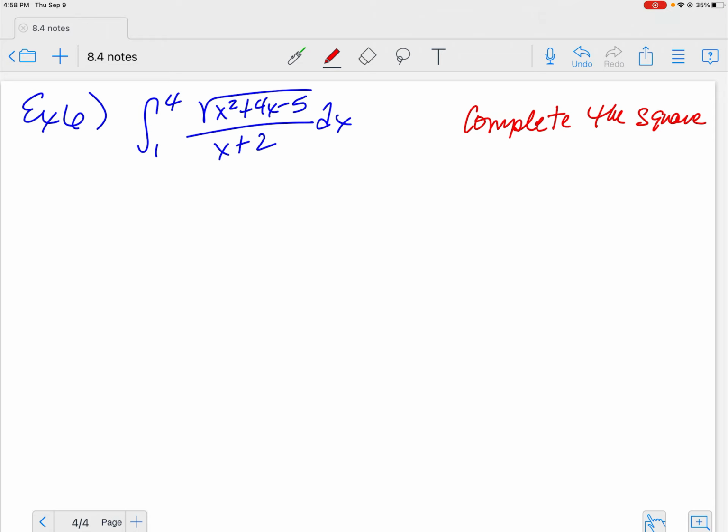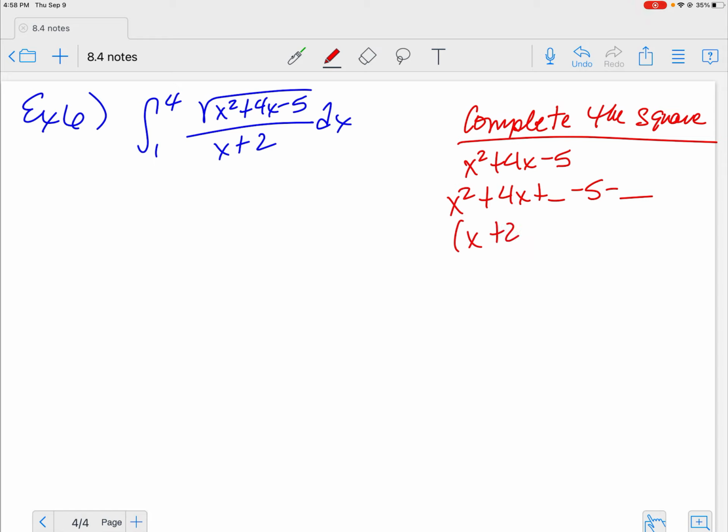And when you complete the square, then you can see maybe I'll get a pattern out of that. Let's see. So I have x squared plus 4x minus 5. So x squared plus 4x plus 4 minus 5 minus 4. And then I've got that x plus 2. When you square that, I've got a 4. So then we end here with x plus 2 squared minus 9.